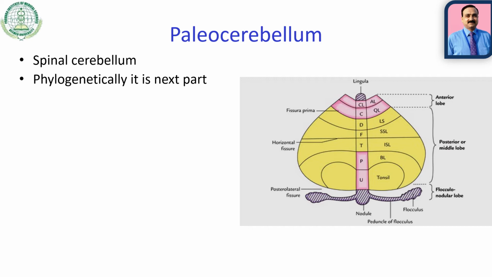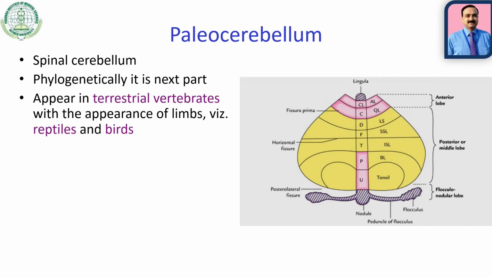Later on, during evolution, the next part that develops is the paleocerebellum, which is also called the spinocerebellum. They appear in terrestrial vertebrates with the appearance of limbs, for example, reptiles and birds. So fishes and amphibians are considered phylogenetically the oldest organisms.